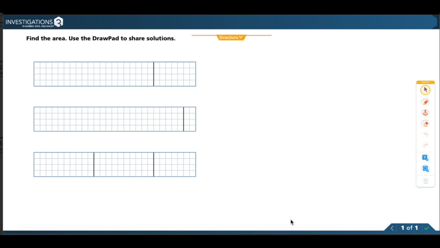First, what you need to do is figure out what is my length and my width. So I need to count the tiles: 1, 2, 3, 4, 5, 6, 7, 8, 9, 10, 11, 12, 13, 14, 15, 16, 17, 18, 19, 20, 21, 22, 23, 24, 25, 26, 27 units is the length.